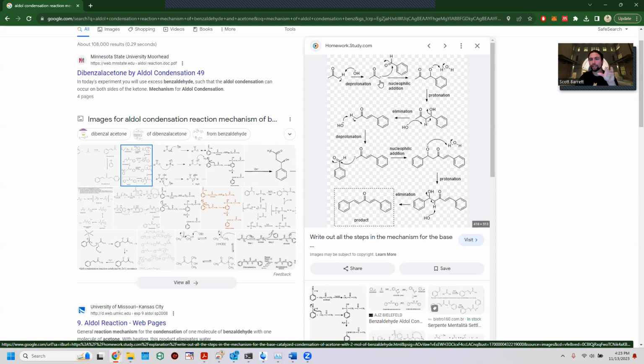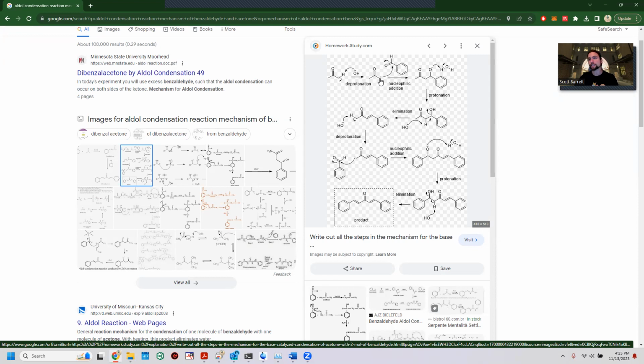So that alpha carbon can act as a nucleophile, subsequently attack the carbonyl carbon, and then those electrons will move from the pi bond that connects the carbon and oxygen and go up to the oxygen to create an electronegative oxygen in this case. Similar to the previous reaction where we had an attack at the carbonyl, it's very traditional in chemistry for attacks to happen at the carbonyl carbon.